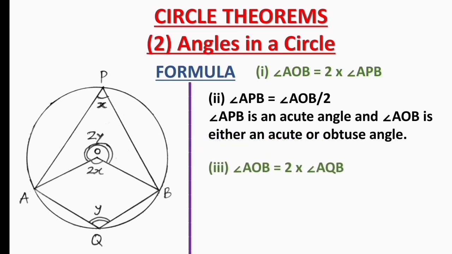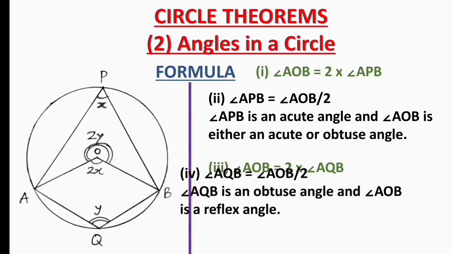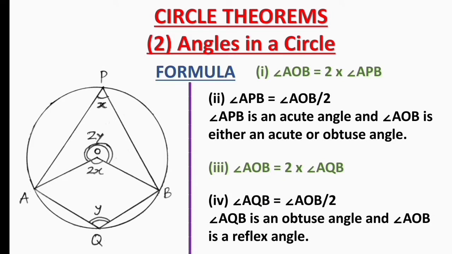Formula number 3, the angle AOB is equal to 2 times the angle AQB. While formula number 4, the angle AQB is equal to half of the angle AOB, which is angle AOB divided by 2. Here the angle AQB is an obtuse angle and the angle AOB is a reflex angle.